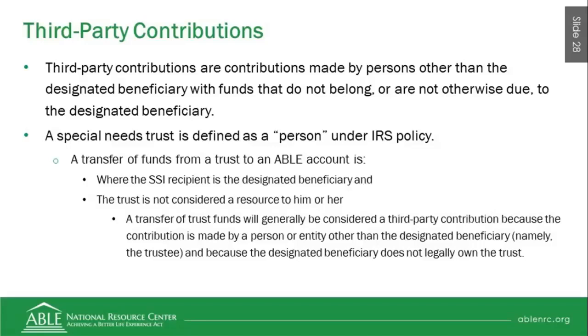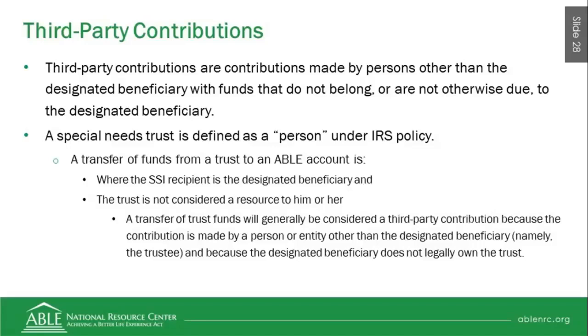Now, a third party is someone other than the ABLE account holder. When we talk about a third party, any person can contribute to an ABLE account, and under IRS policy, a special needs trust is defined as a person. Last month, we talked about that on a webinar we had on special needs trust, and I encourage you to listen in to that webinar.